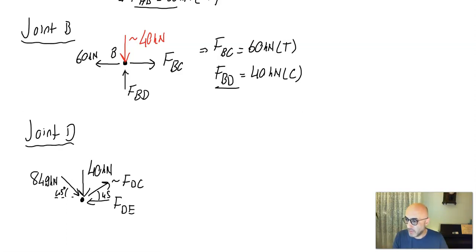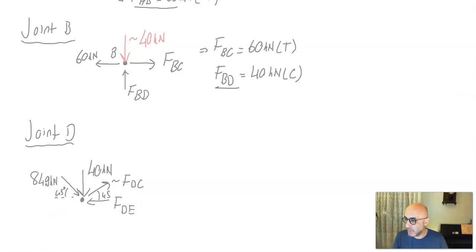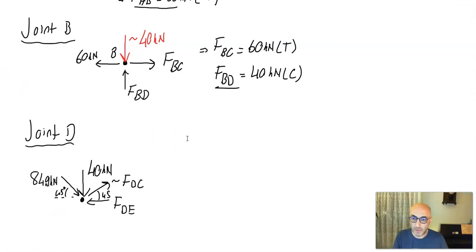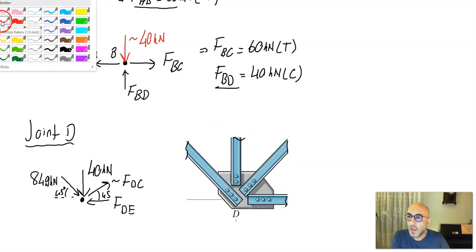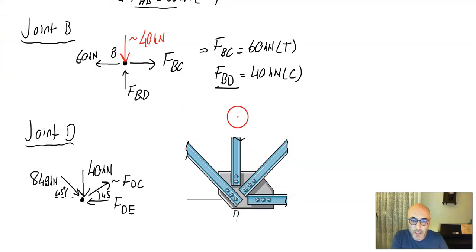I will explain what I'm trying to do at this particular joint. I'm going to copy and paste this joint D and show it on the member itself. Let's assume that I'm having cuts here, and let's show all these forces in red. On this member I'm having a compressive force equal to 40 kilonewton.